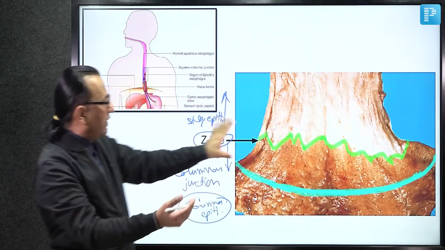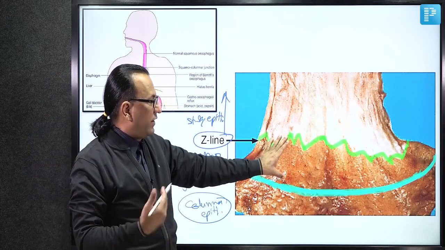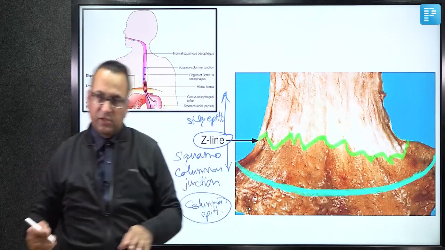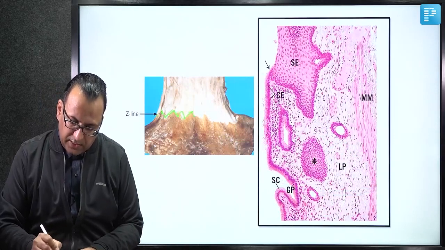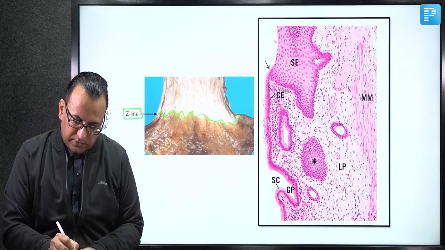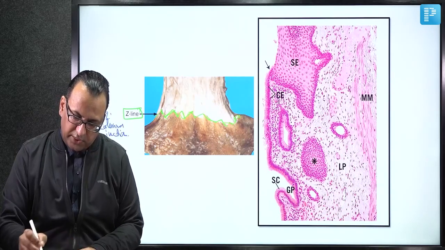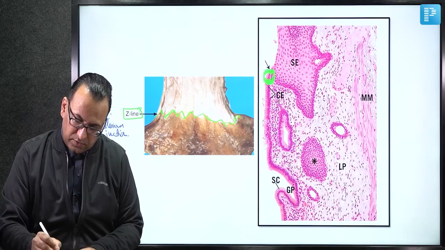So first we will look at the normal histology, and then we can talk about the pathology as well. In this diagram, we are once again looking at the zigzag line, the Z line, which is squamo-columnar junction in a normal individual, shown histologically here, the location of Z line.